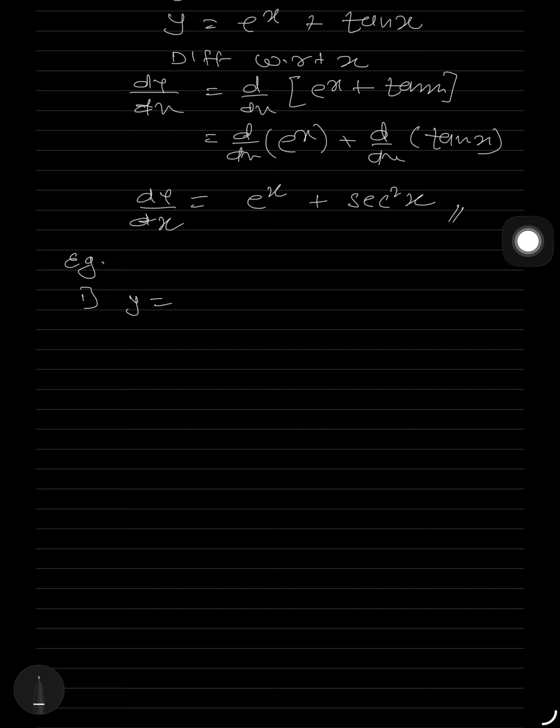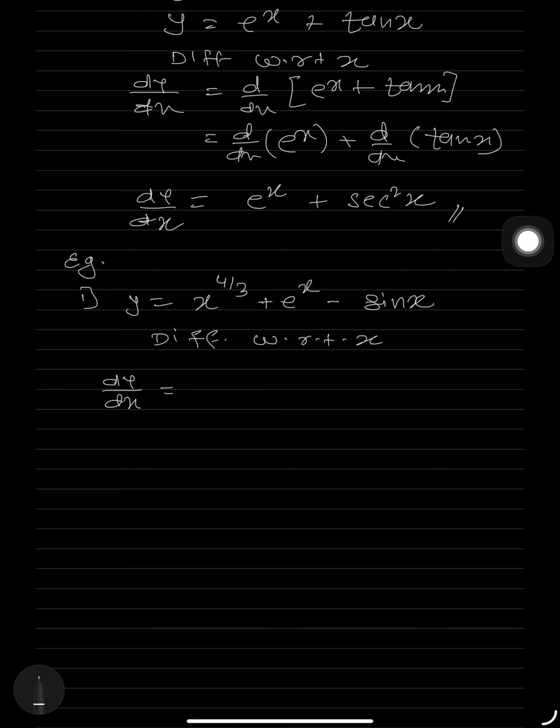First one: y is equal to x raised to 4 by 3 plus e raised to x minus sin x. We have to find the derivative of this. Differentiating with respect to x, dy by dx is equal to d by dx of x raised to 4 by 3 plus e raised to x minus sin x.